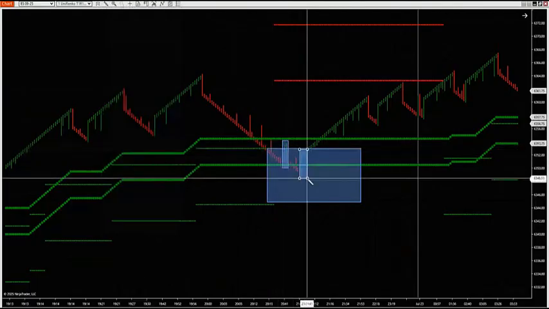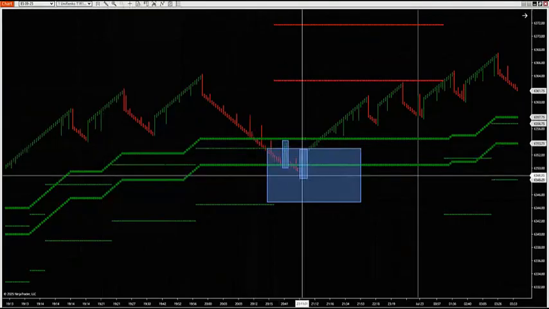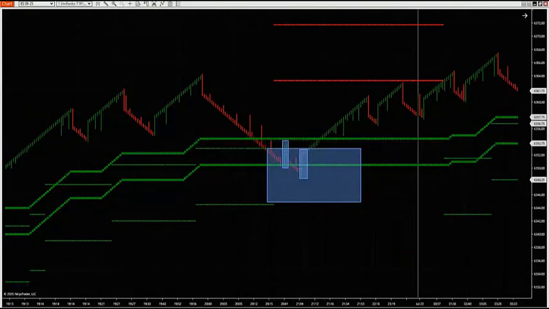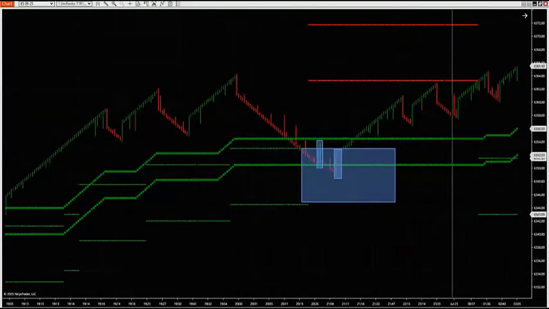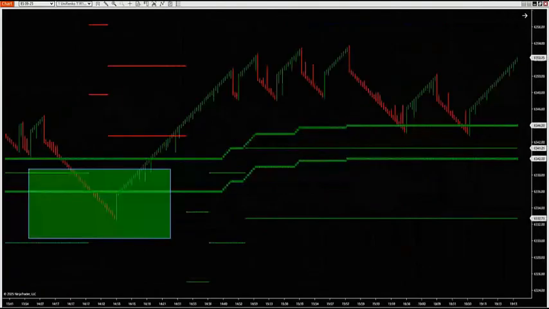So you see that's a W bottom. That's a W, and the market takes off, but most times it'll come down to the zone, catch it, and reverse.